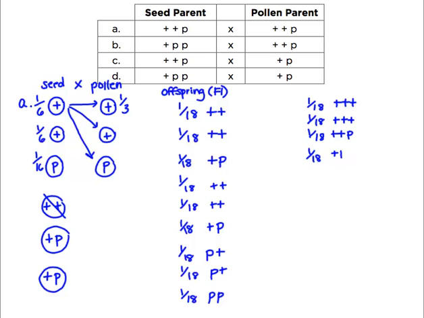Now you have plus P plus, 1/18 plus P plus, 1/18 plus P, and that took care of that gamete. Then you have 1/18 plus P plus, 1/18 plus P plus, and finally 1/18 plus P. Okay, so these are the genotypes.